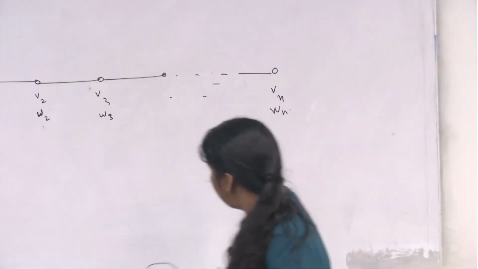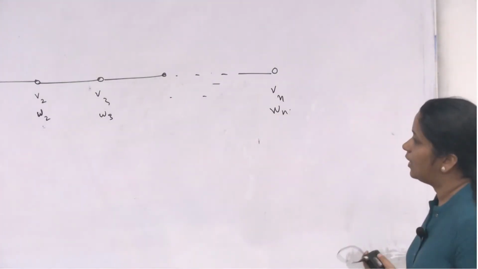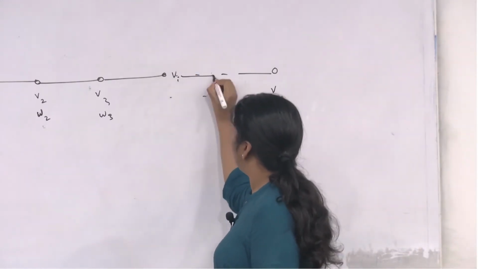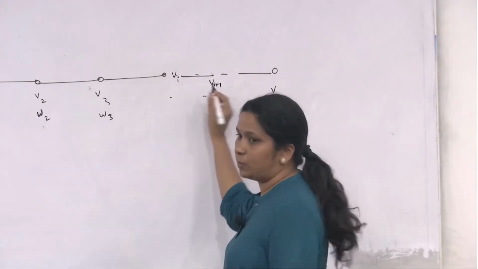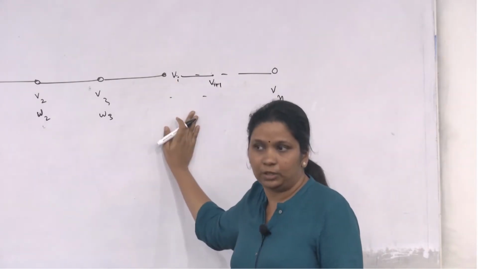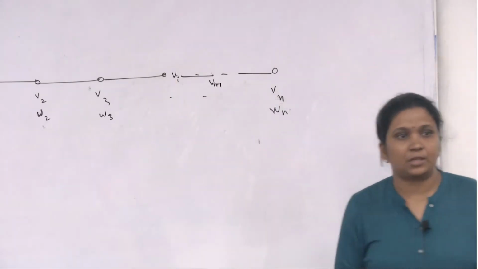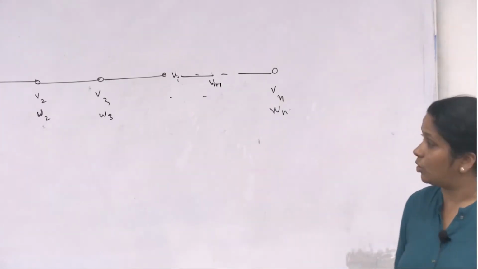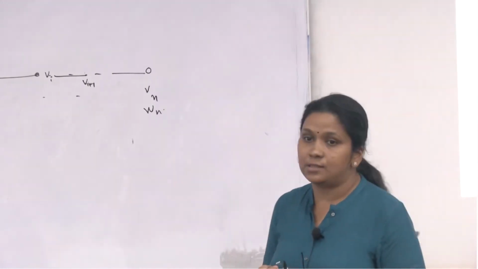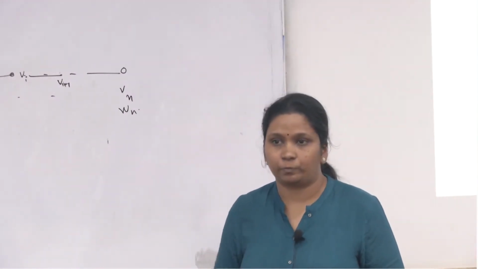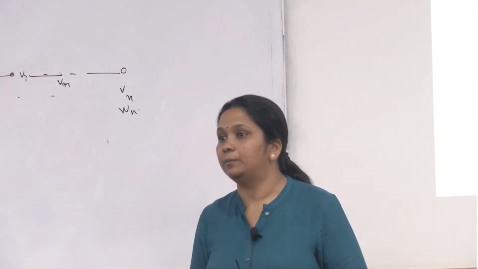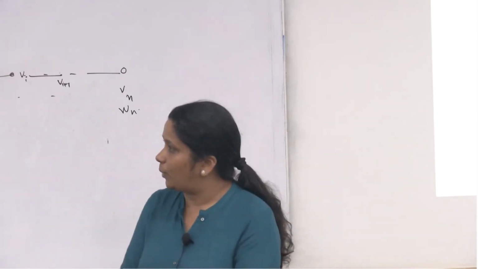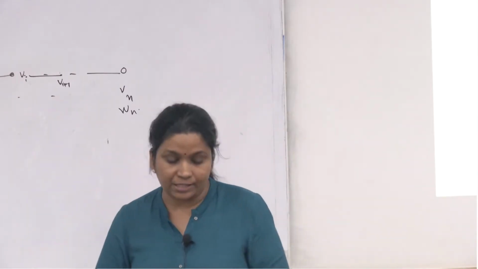In this case, if you take some Vi, you cannot choose the next vertex Vi plus 1 because they have an edge. You want to find an independent set such that the total sum of their weights is maximized. So is the problem clear? What happens if the graph is not weighted, or if the weights are all uniform?